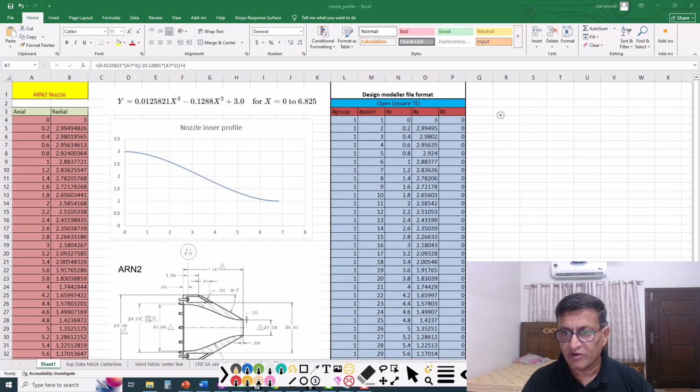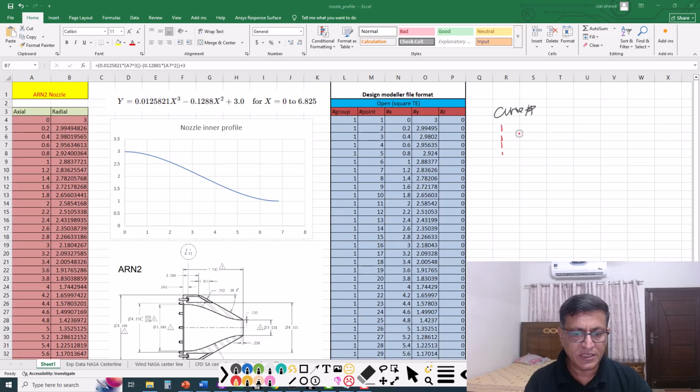Number 1, the first is the curve number. Okay, so we are making a single curve here, but maybe there are multiple curves and you have to put different numbers here. So for every point of the first curve you have to put 1, for the second curve you put 2, for the third curve you put 3. And then the point number, how many points are there in that curve.